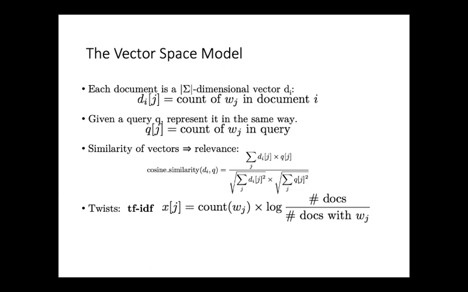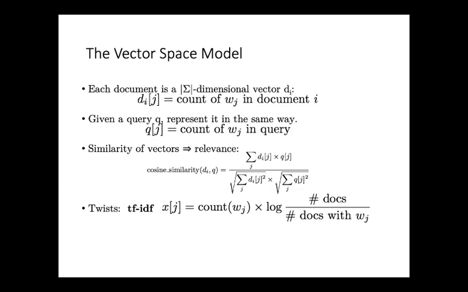And you represent the query in the same way. Actually, in real life, sigma would not be equal to the number of dimensions. The dimensions would not be the same as the number of words in the vocabulary, because we would do something more clever. But just bear with me for a moment.